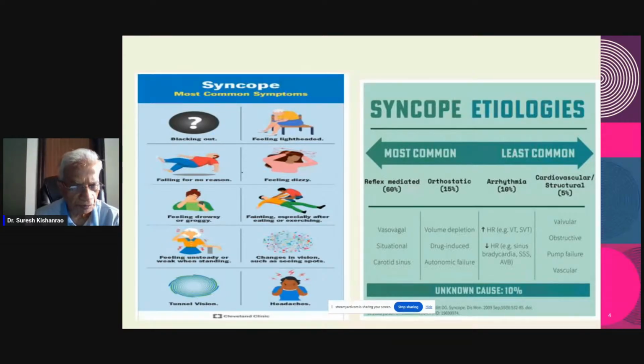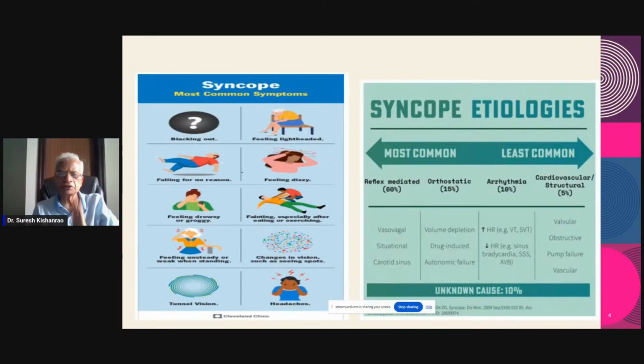Feeling dizzy. Feeling drowsy or groggy. Fainting, especially after eating or exercising. Feeling unsteady or weak when standing, changes in vision such as seeing spots, tunnel vision, and sometimes headache.